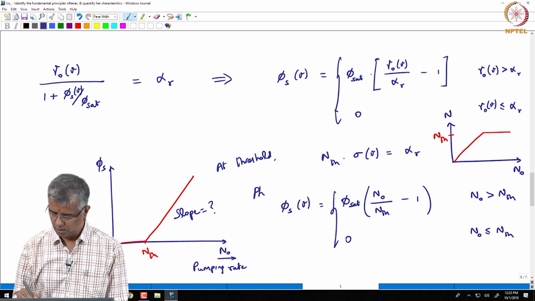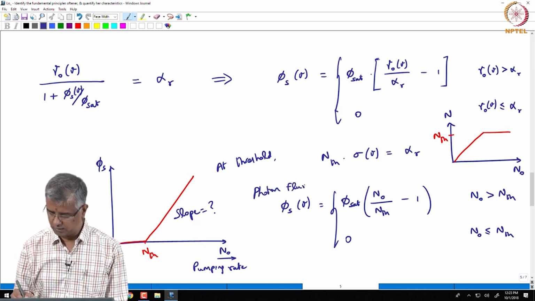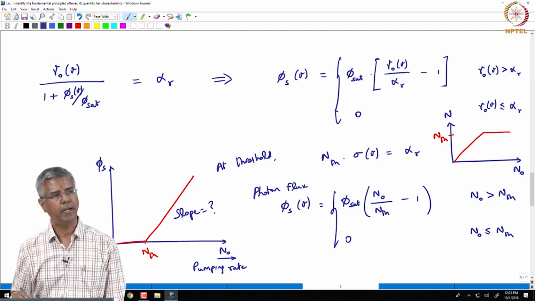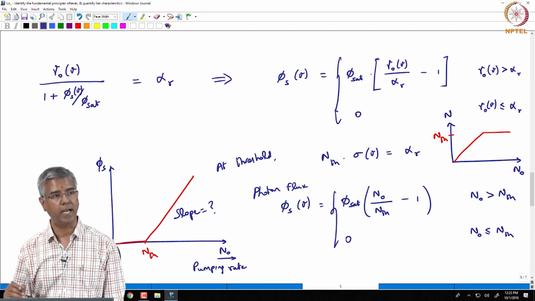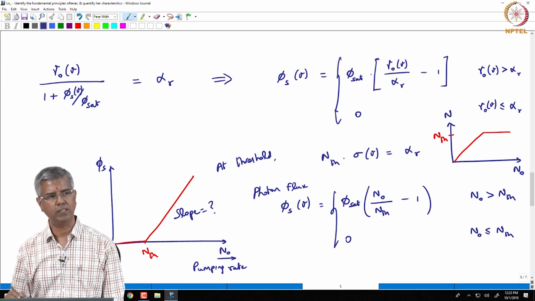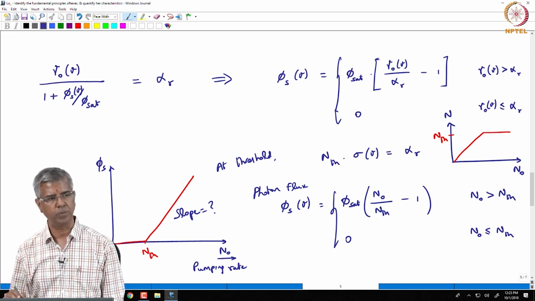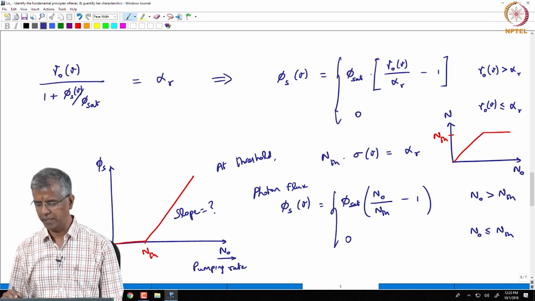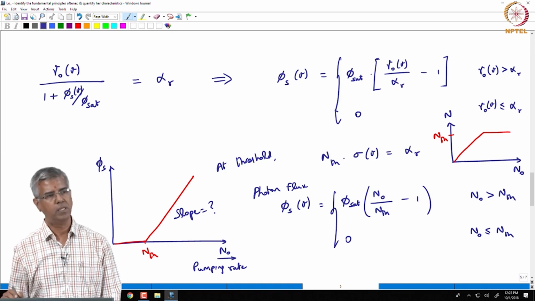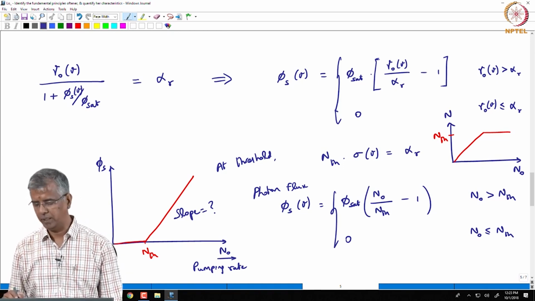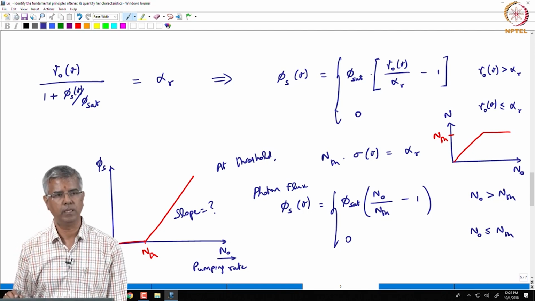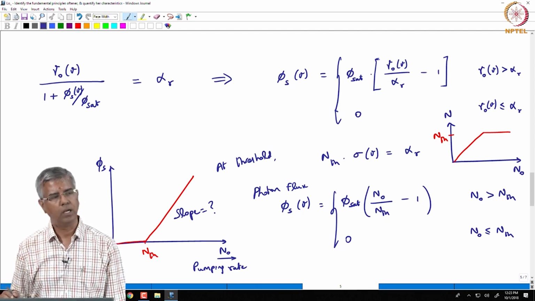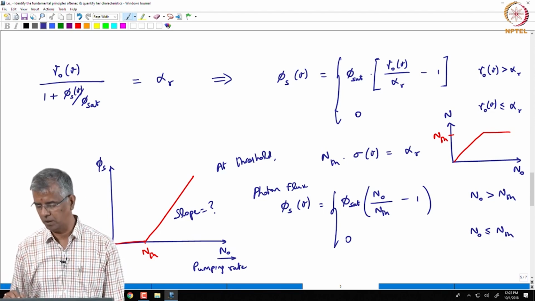So, this is the photon flux from the cavity and within the cavity, and for that photon flux we essentially came up with an expression where we said it is phi sat multiplied by n naught over n threshold minus 1, where n naught corresponds to the small signal inversion and n threshold corresponds to the inversion required for achieving the lasing condition.